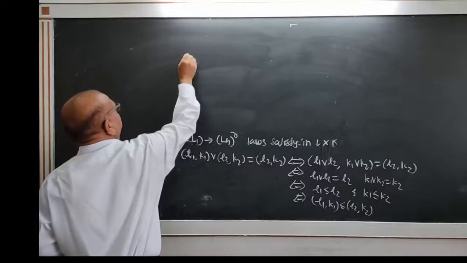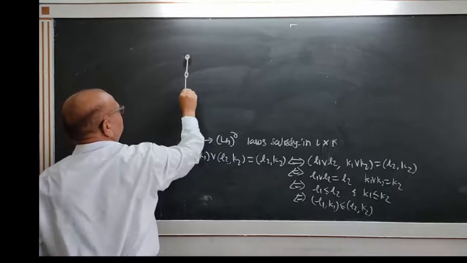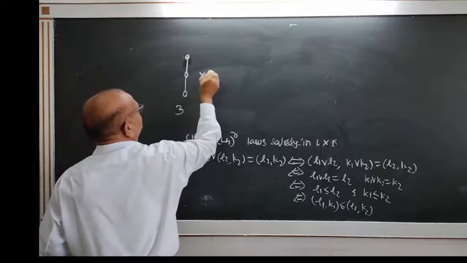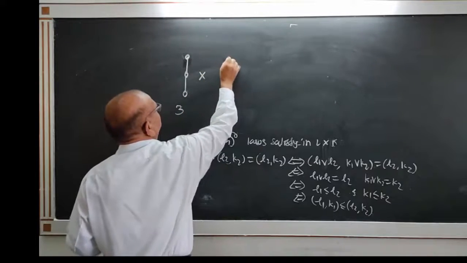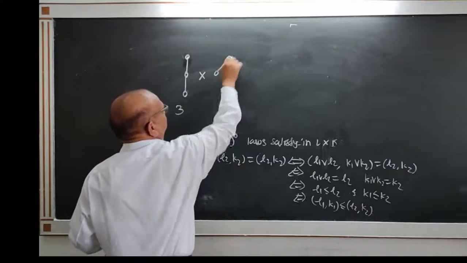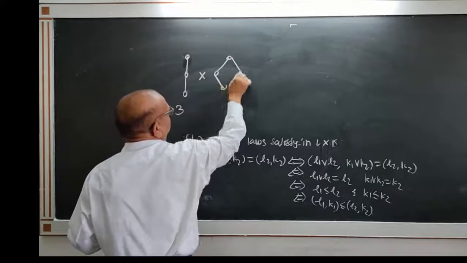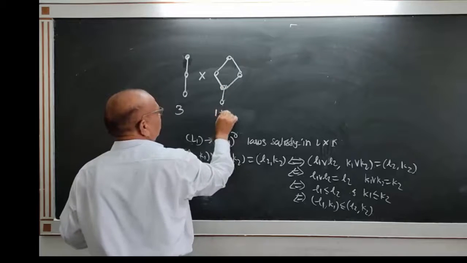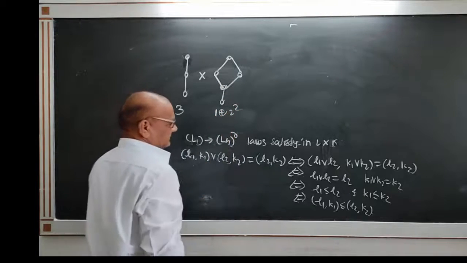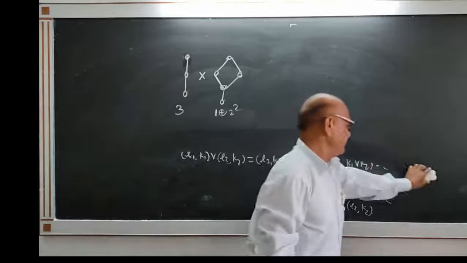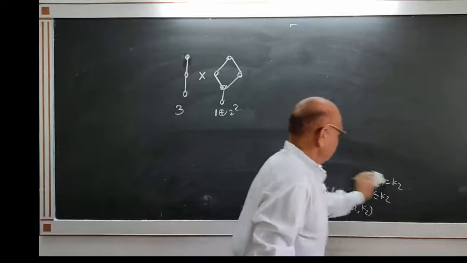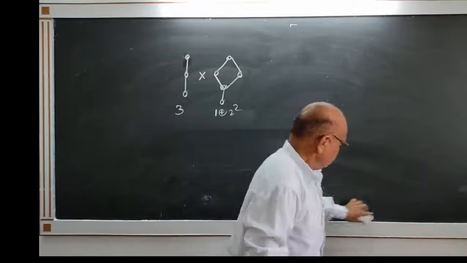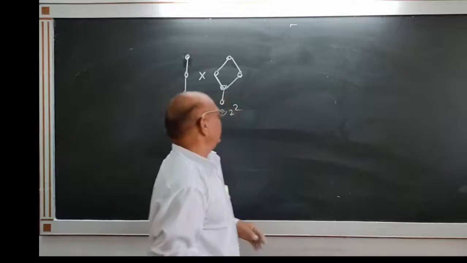Now here, if we take an example, this is 3 cross, this is 1 additional circle 2 square, one additional circle 2 square.